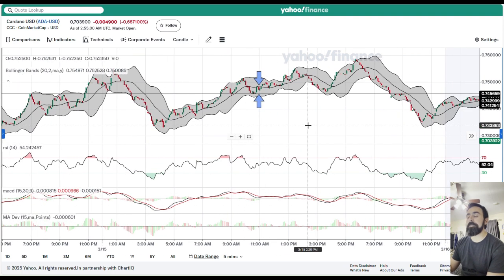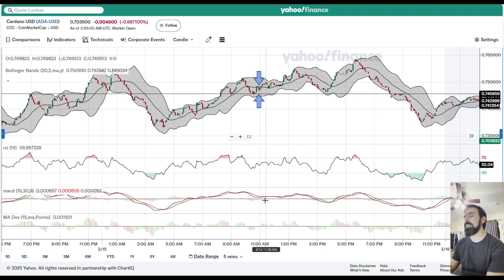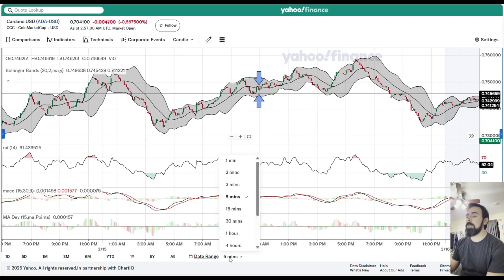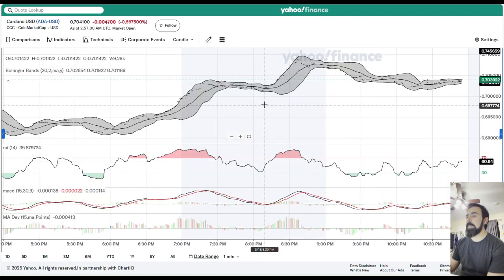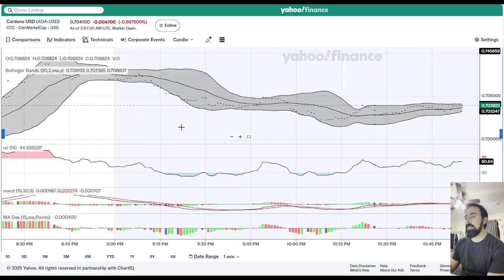moves are being made. One thing to note here, though, is I am looking at the 5-minute chart. Not sure if I'm using the terminology for this right, but the volume of Cardano being traded on the 1-minute time frame, as you can see, does not.